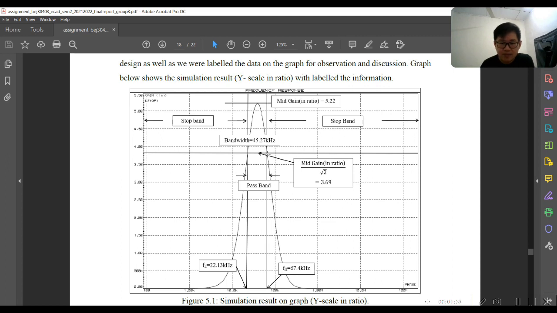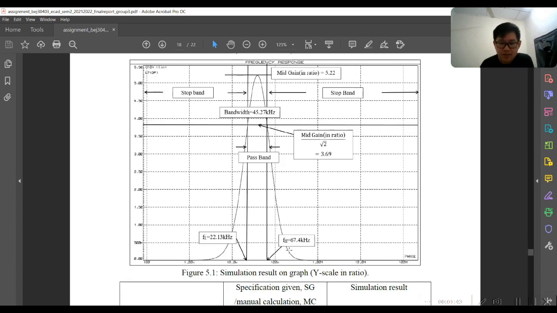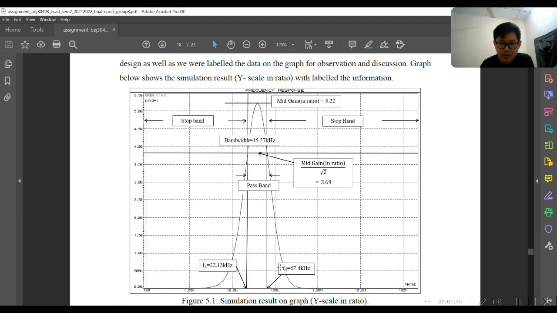Then the bandwidth is 45.27 kHz, which is FH minus FL, our low cutoff frequency.